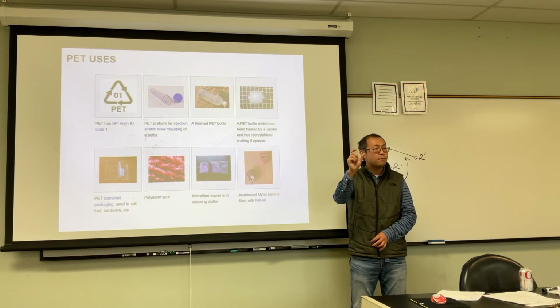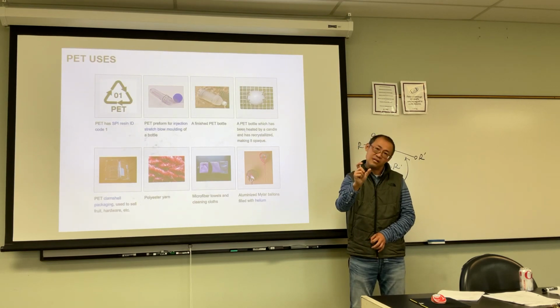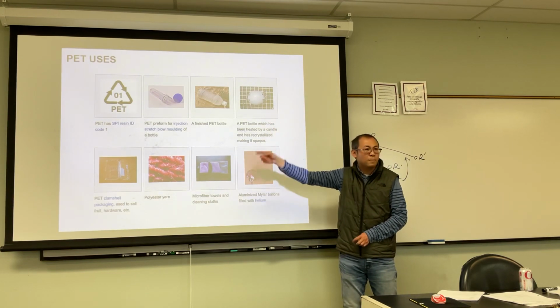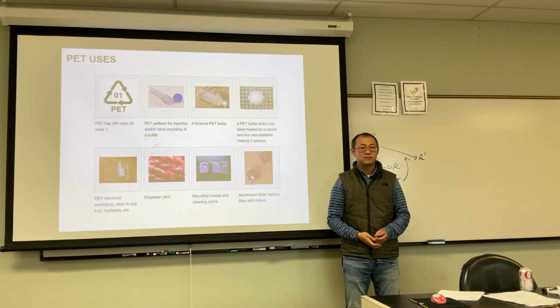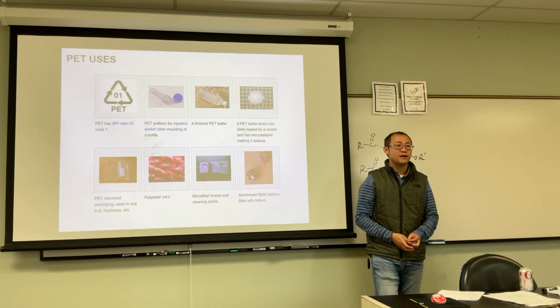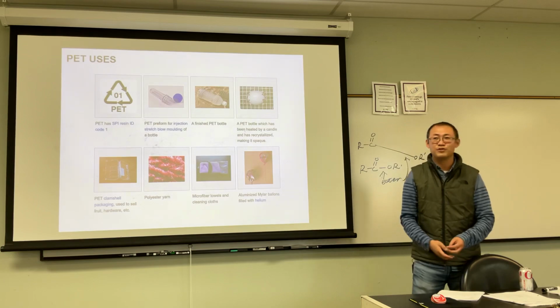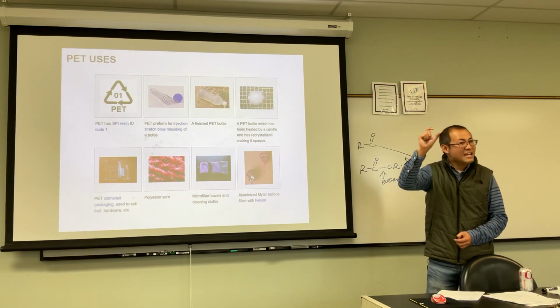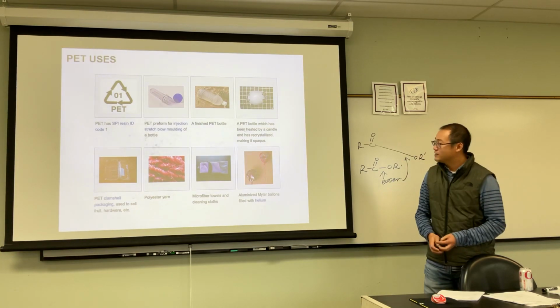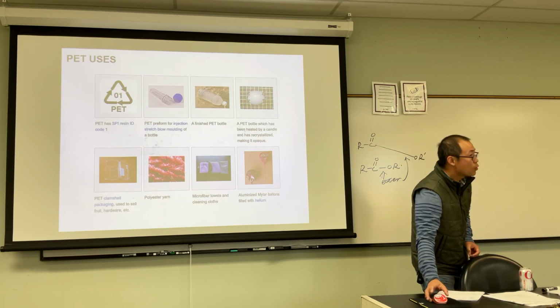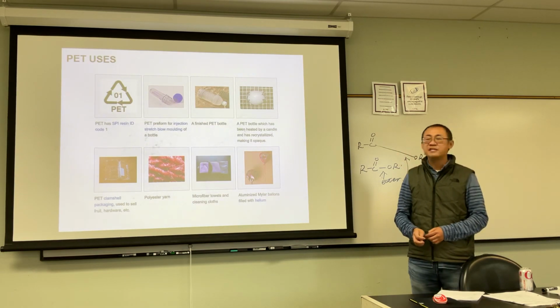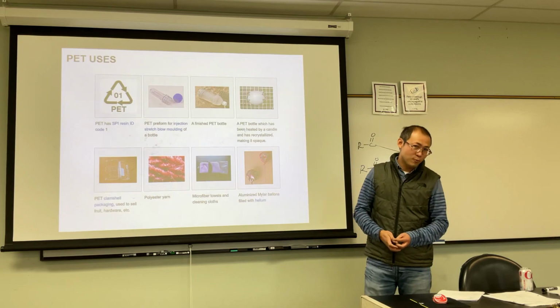Especially those harder, clear plastics, especially the bottles, are PET. They're around us. We use them. What are PETs? Polyesters. Of course, one problem of using PET is that it's not degradable.